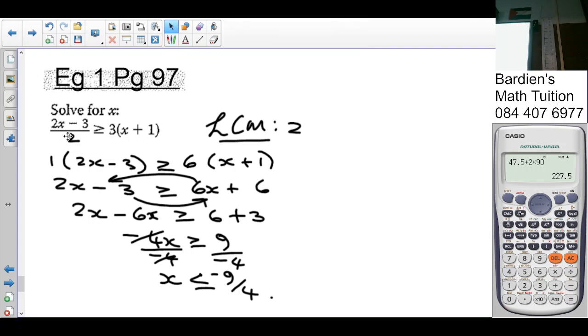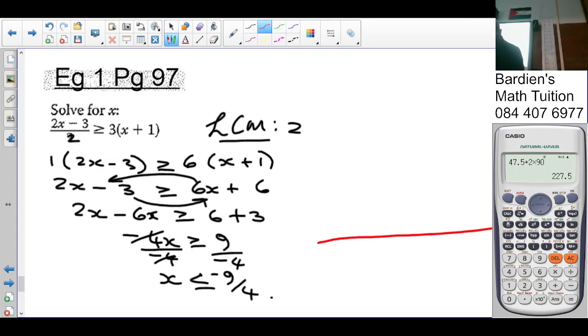Right. Now illustrate this answer on a number line. Let's see if you know what to do there. Black circle. Closer.